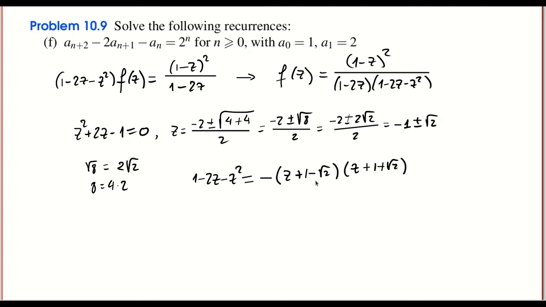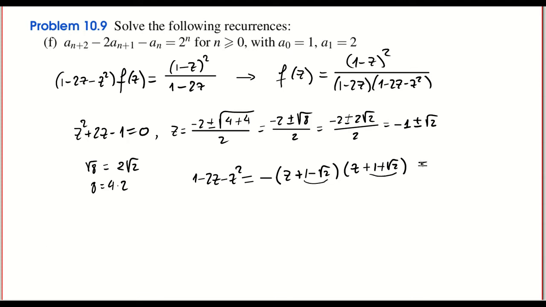However, we don't want them to be written like this, because these are of the form z minus a or z plus a, and we would prefer having something of this sort. Because this is the nice expression that we need in order to have the sort of series or expansions that we normally deal with in this kind of problems. So what we're going to do is to factor out these two numbers.